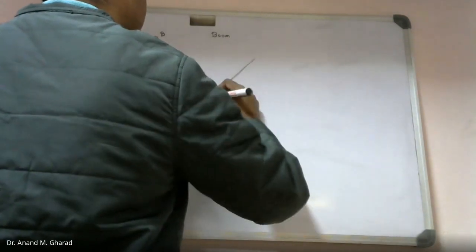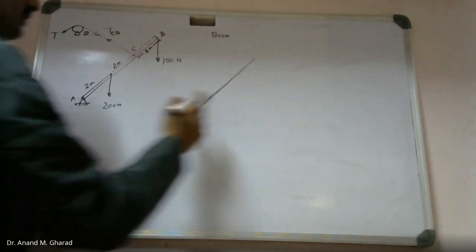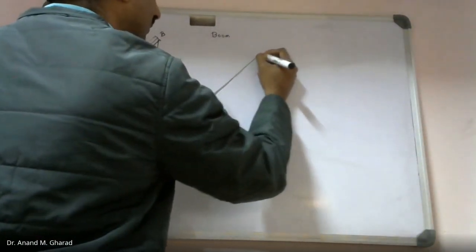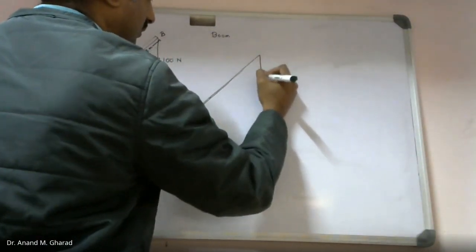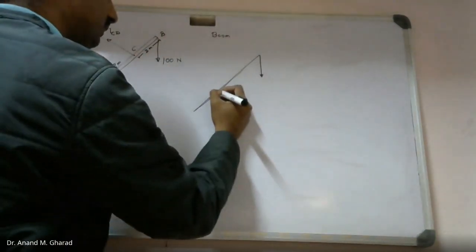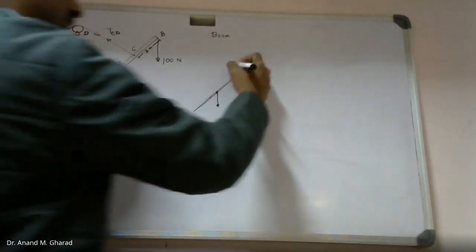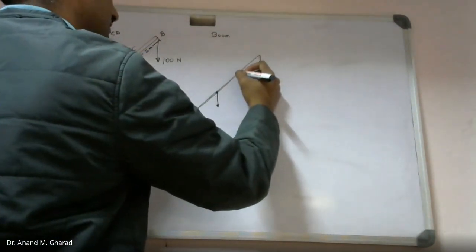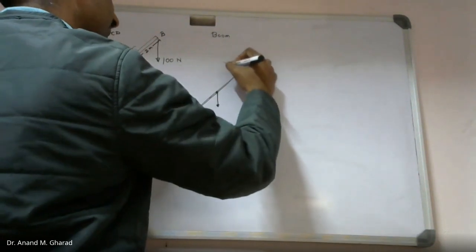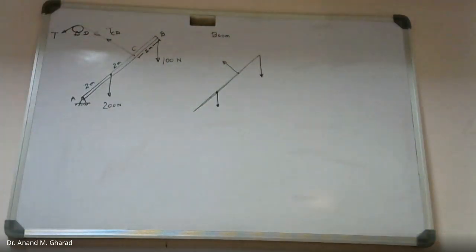It is not that you are supposed to mention the thickness of this rod. There is no necessity, right? So you can directly draw the necessary external forces. Okay, one more information is given, the inclination. Okay?